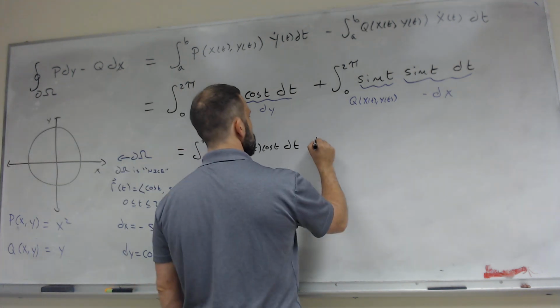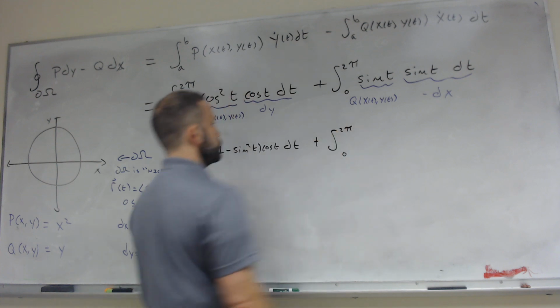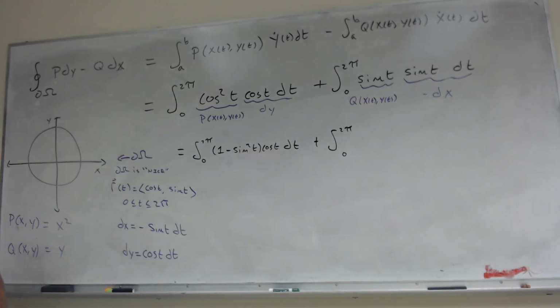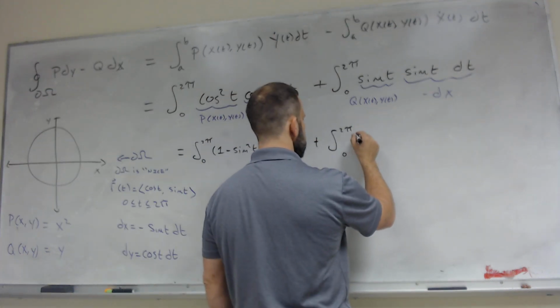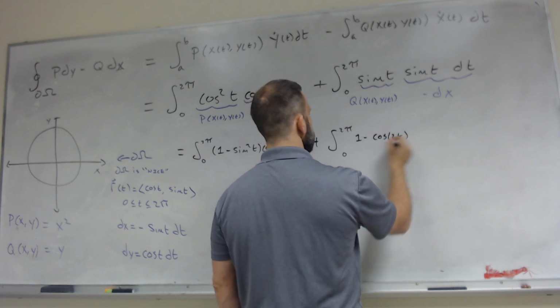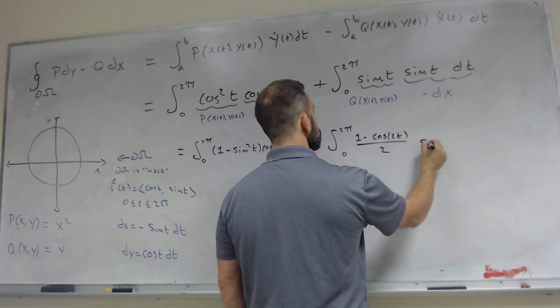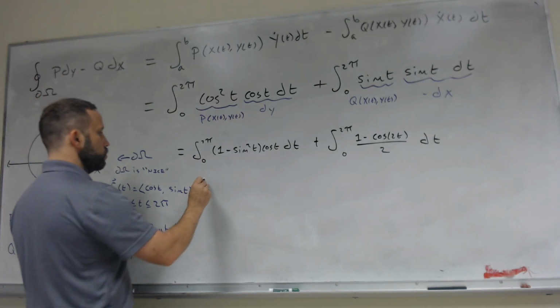And over here, I'm going to have the integral from 0 to 2 pi of sine squared. For sine squared, I'm going to have to use my half angle or double angle identities, whatever they're called. This is going to be 1 minus cosine of 2t divided by 2 dt.